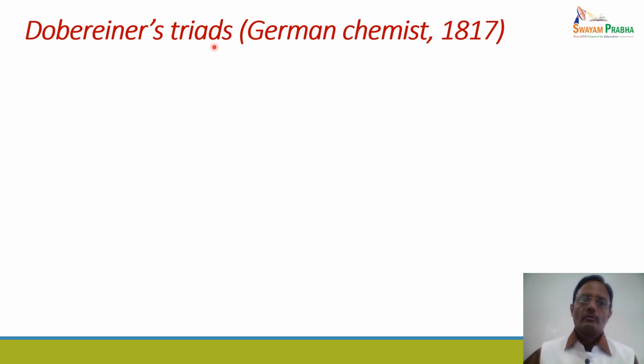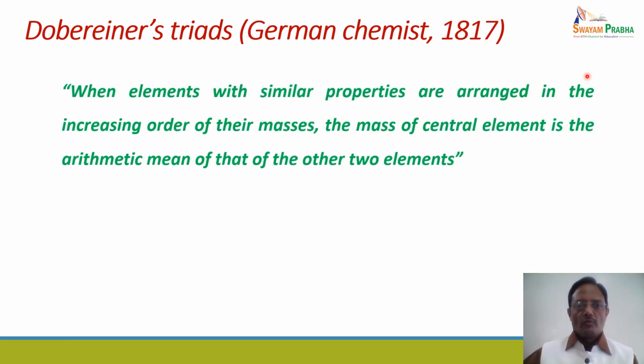He came up with a law which can be stated as: when elements with similar properties are arranged in increasing order of their masses, the mass of the central element is the arithmetic mean of that of the other two elements. We will try to explain this with actual examples.